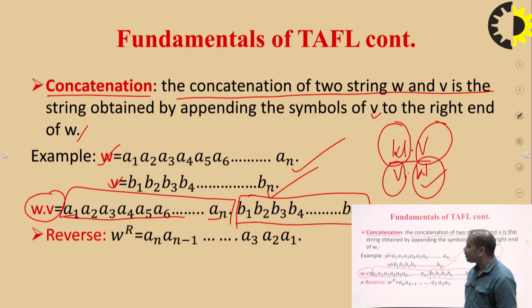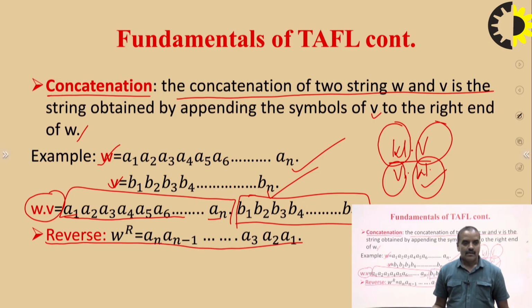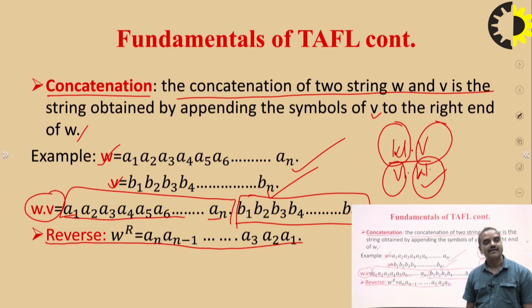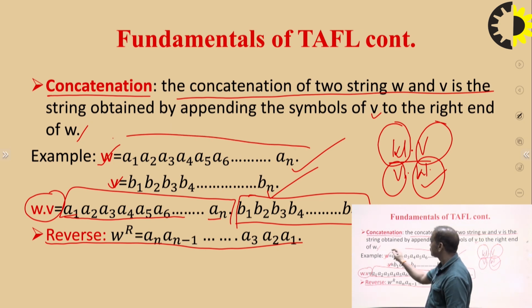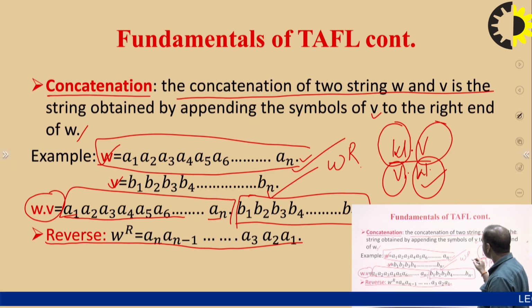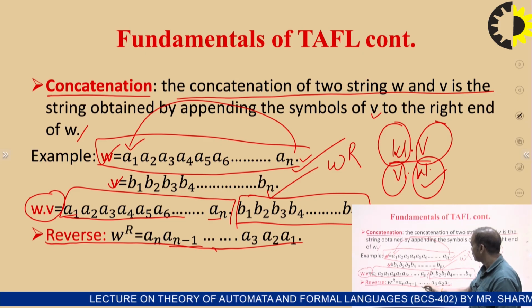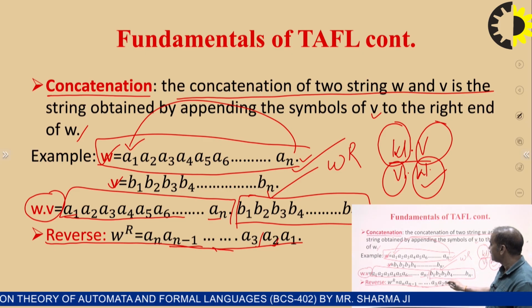Now, the next point is how to reverse the given string. Just like any type of reverse, we can also reverse a given sequence. If the given string W is A1, A2, A3, dot, dot, dot, AN, we want to find the reverse of W, W power R. So we have to write AN, then AN minus 1, then AN minus 2, like this, last A3, A2, A1.